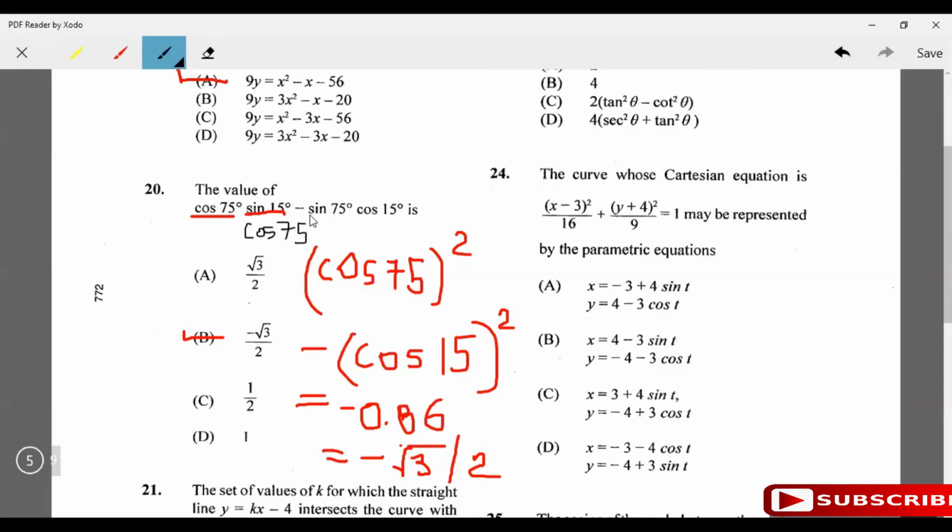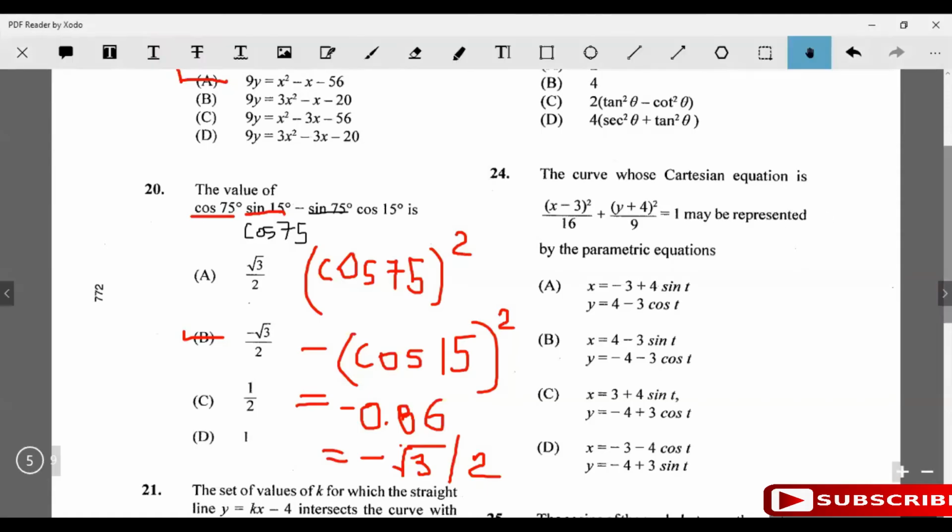And likewise, I can replace sine 75 with cosine 15. And so cosine 15 times cosine 15 is cosine 15 squared. So that's why I write square there, and why I can put it in a calculator now. And so that is question 20.